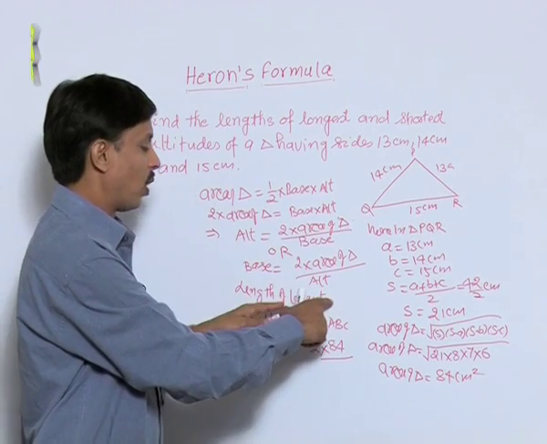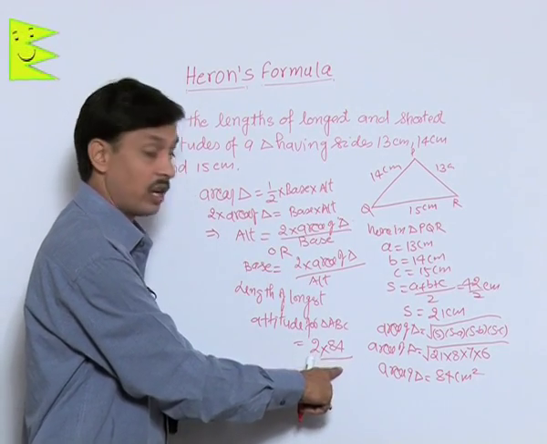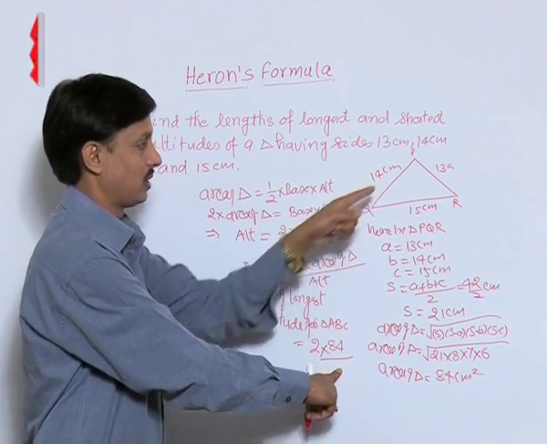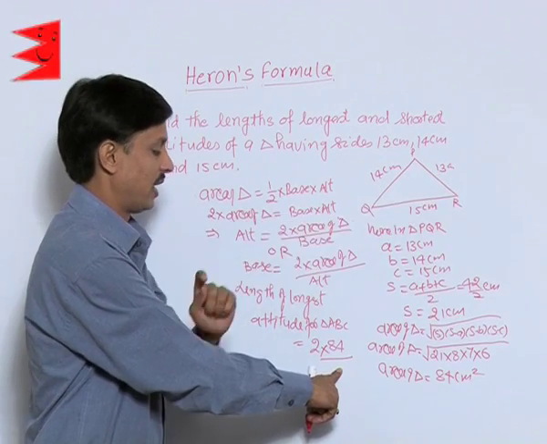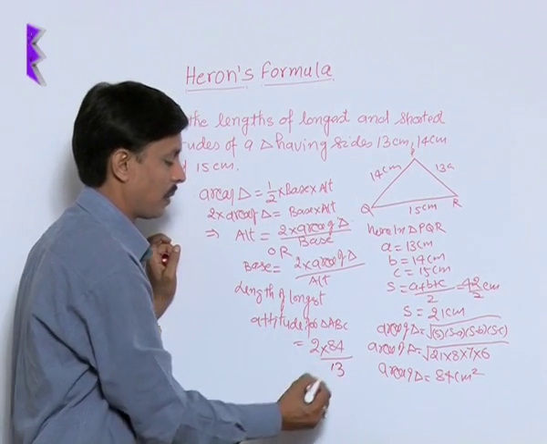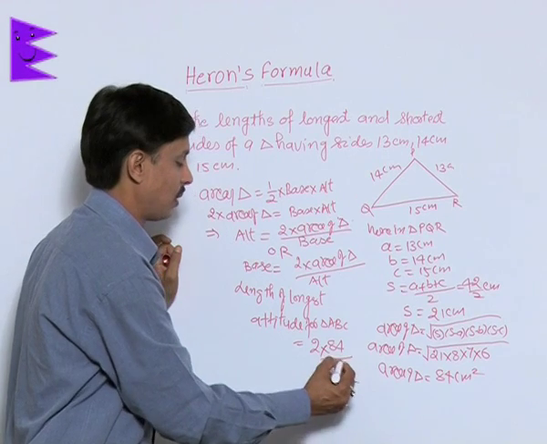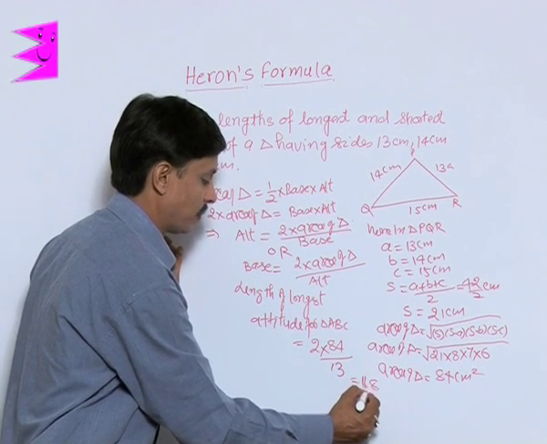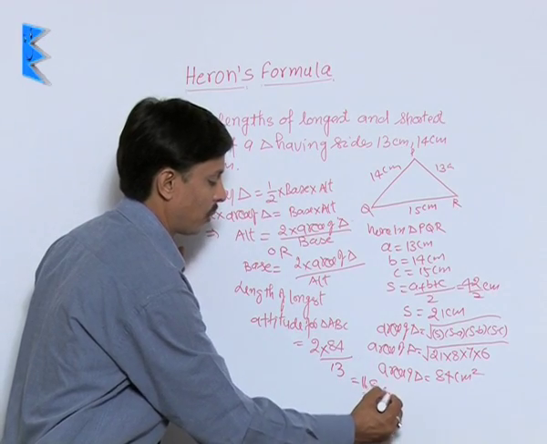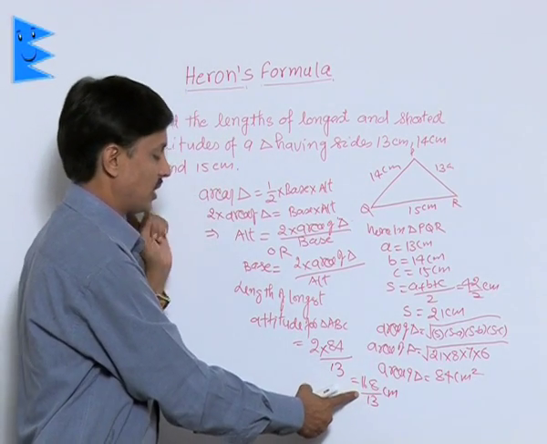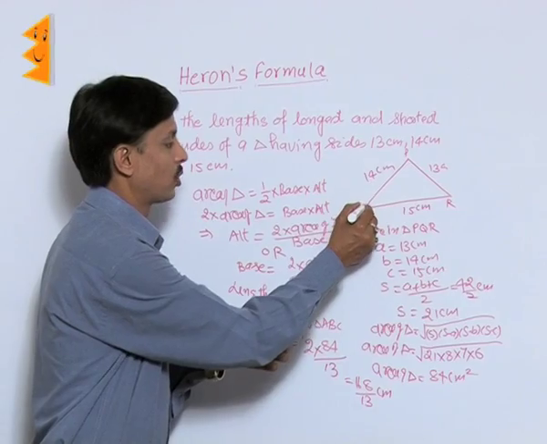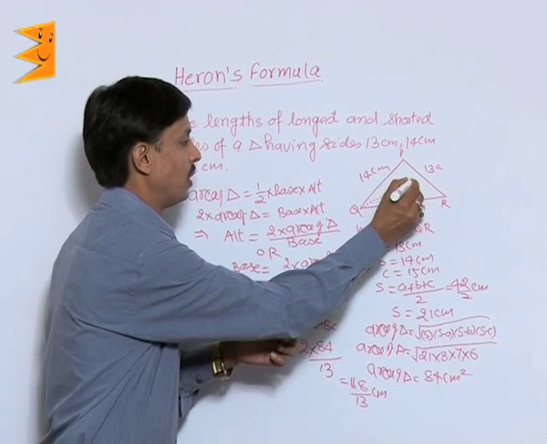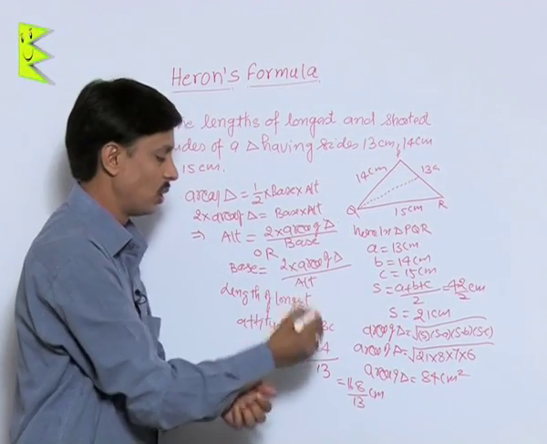If I want to find longest altitude, I need to take smallest side as base. Here smallest side is 13. So this become upon 13 and answer become 168 upon 13 centimeter is the length of longest altitude, which will be drawn from the vertex Q.